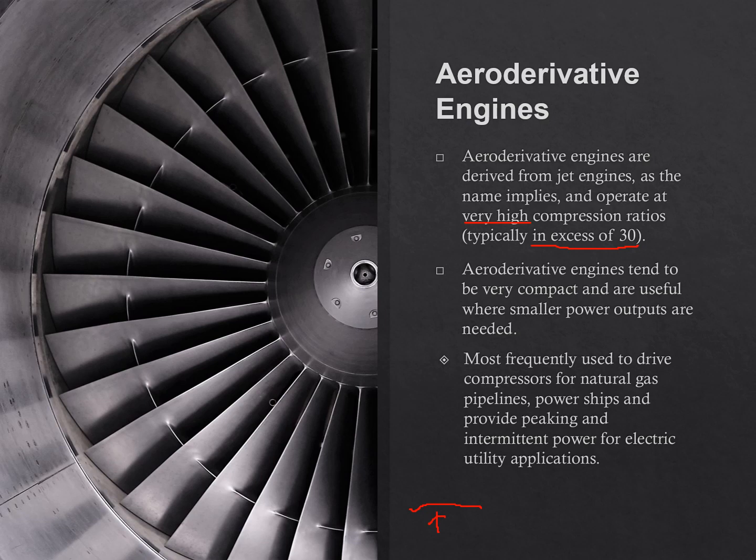And we use these engines to drive compressors for your natural gas pipeline, to power ships, and they also give you peak power, intermittent power, for electric utility applications. These are just examples of where we apply these.